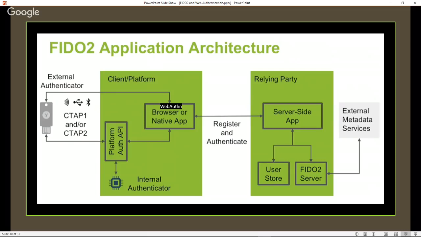CTAP1 and CTAP2, these are protocols for working with the external authenticator. But it's WebAuthn that needed to be implemented by the major browsers in order to enable this FIDO2 functionality. So Firefox, Edge, and Google Chrome all support it.